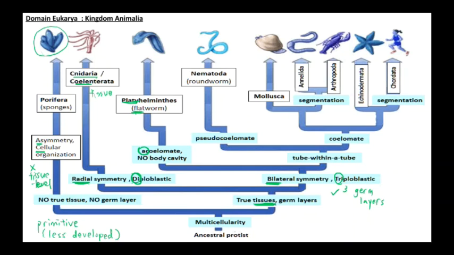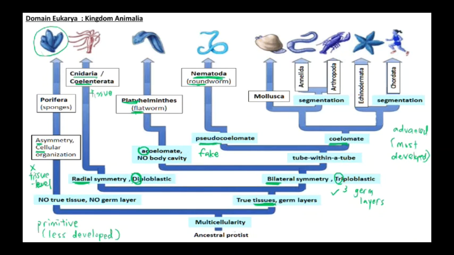And we move on to the more advanced worm, the roundworm in phylum Nematoda. It starts to have a body cavity, but a fake one. Why is it fake? Because it's not completely lined with mesoderm. And to be more advanced animals yang ada banyak features, so these are the most developed animals.